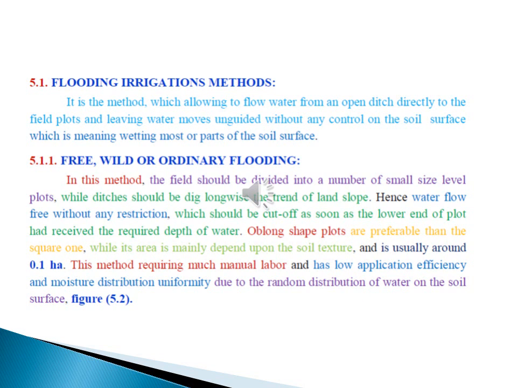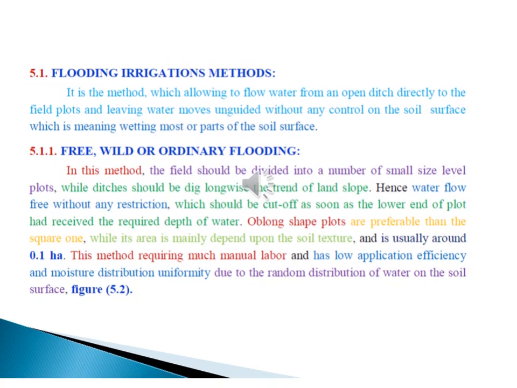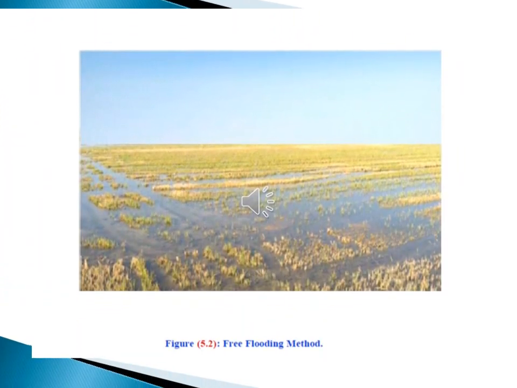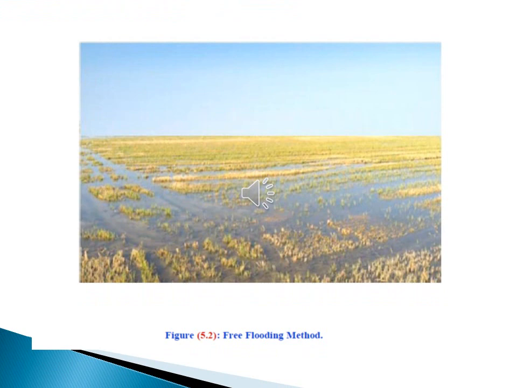Anyway, this method normally requires much manual labor and has low application efficiency and low moisture distribution uniformity, due to the random distribution of water on the soil surface. Figure showing free flooding method. As you see, there is non-uniform distribution of water on the soil surface.